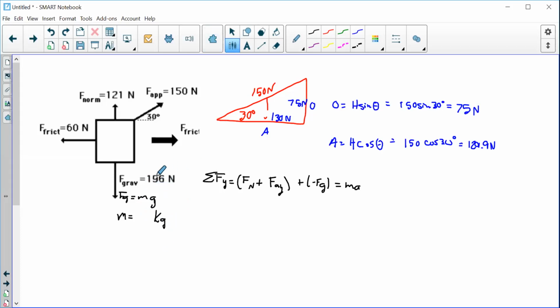I got 20. There we go. We generally don't use the value 9.8, but 19.6 is double 9.8, so that's one way you could remember it if you ever see a reference like that. So we've got a mass of 20 kilograms.